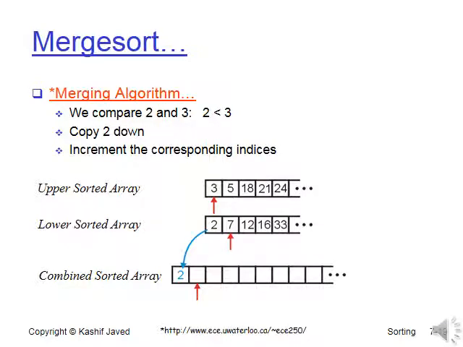We compare number 2 from the lower sorted array and number 3 from the upper sorted array. Since 2 is less than 3, we copy number 2 down into the combined sorted array. We increment the indices of the lower and combined sorted arrays.